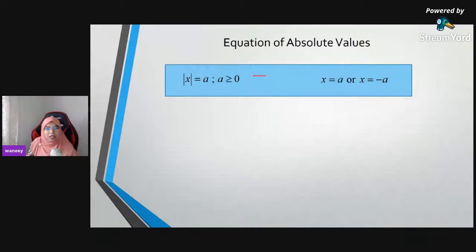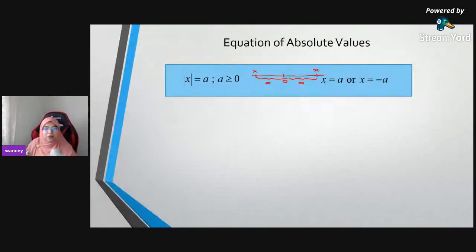So draw one number line. So this is 0. If let's say we have the modulus of x equal to A, that means this distance should be A and this distance should be A as well. So this is your x and this is your x. So ini x, ini pun x juga lah. However, when we read our number line, if we are going to the right hand side, the value should be positive.